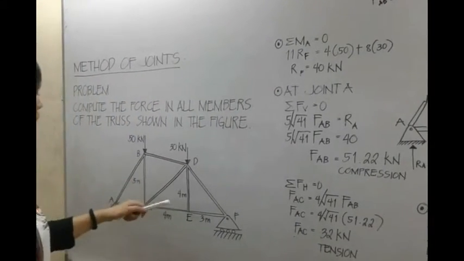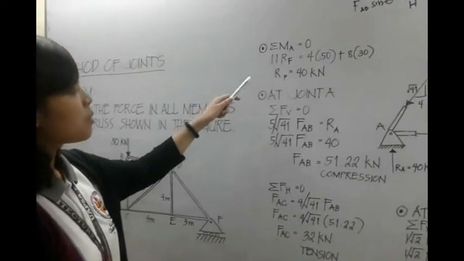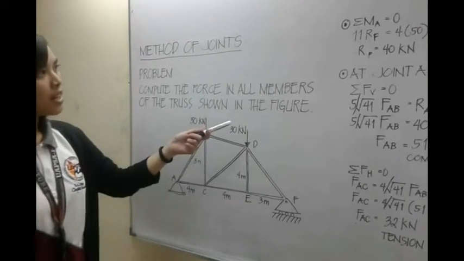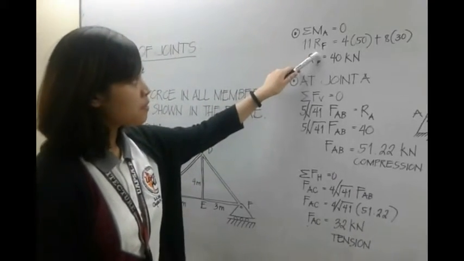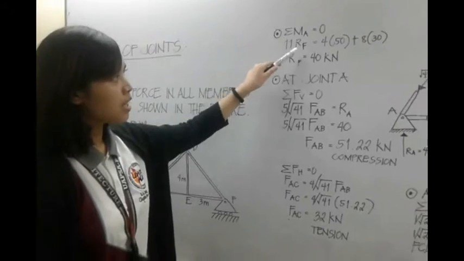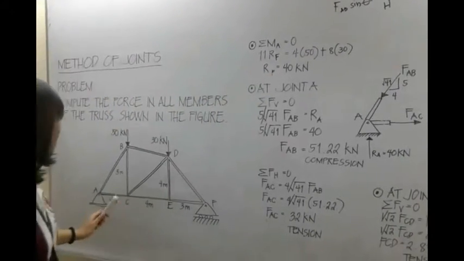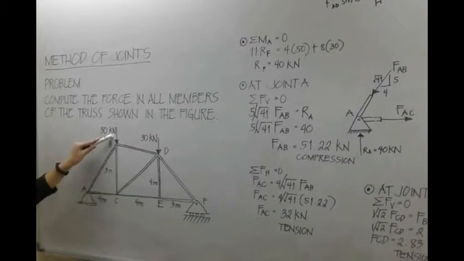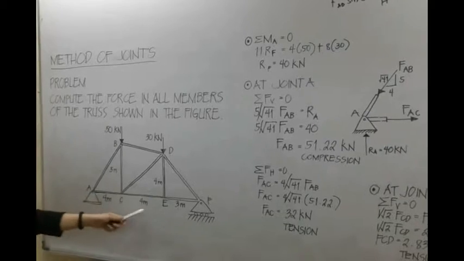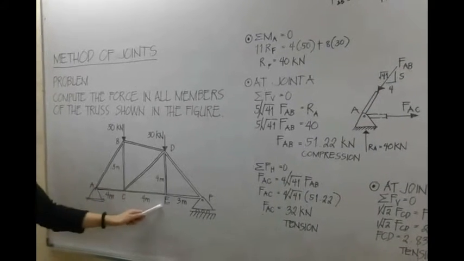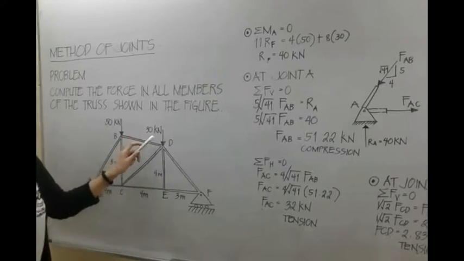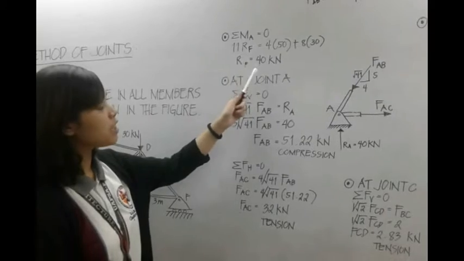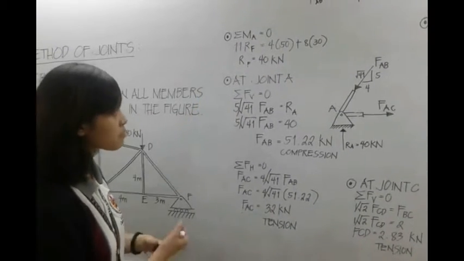To get the reaction force, we multiply the total distance, which is 11, by the reaction force and equate it to 4, which is the distance from A to C, multiplied by 50 kilonewton, plus 8, which is the distance from A to E, multiplied by 30 kilonewton. From there, we obtain the answer 40 kilonewton. So 40 kilonewton is the reaction force.